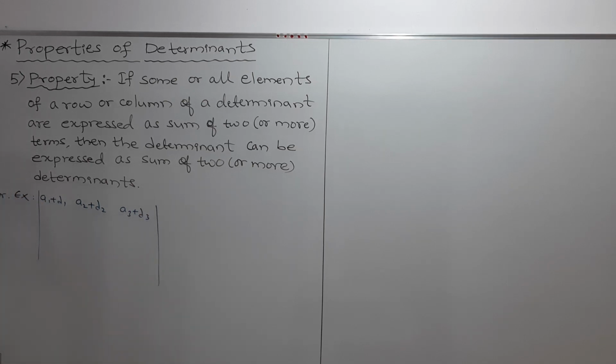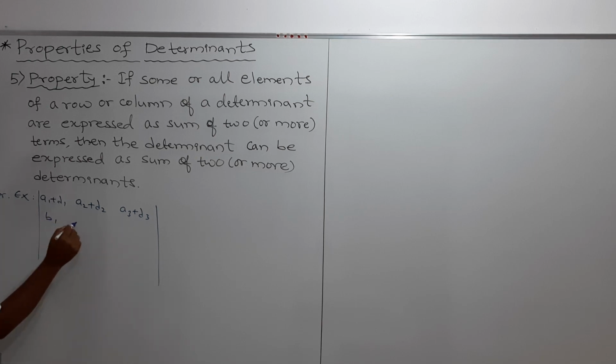Clear? So my dear students, here the first row I expressed as a1 plus lambda 1. It means that to the element a1 I added another term. So if you observe the first row, the elements are the sum of two terms: a1 plus lambda 1, a2 plus lambda 2, a3 plus lambda 3.